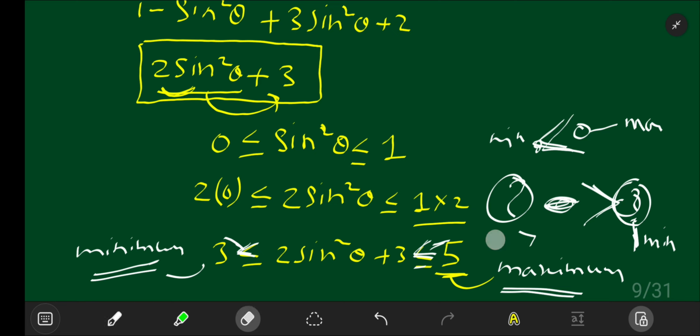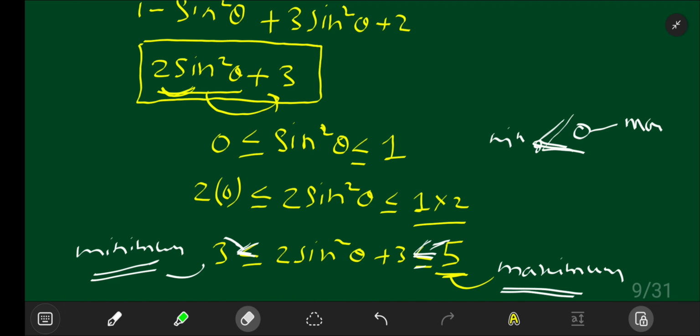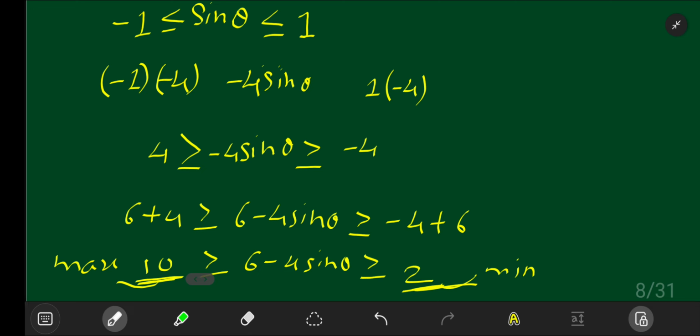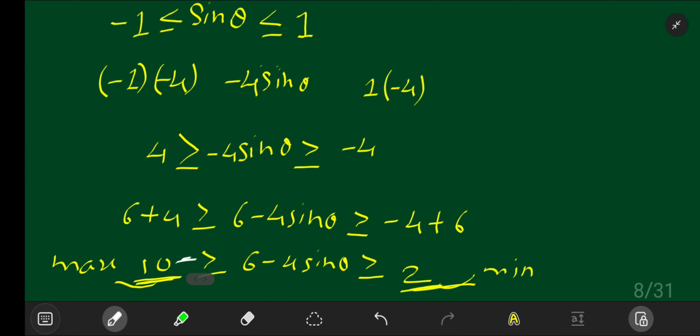Just wait, I will rub it. Here the open space is on this side, so this is the maximum value, and the narrow side is this side, so this is the minimum value. In the previous problem, the open space is this side, so this is the maximum value, and the narrow space is this side, so this is the minimum value.